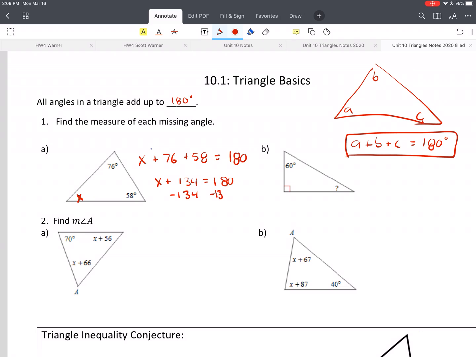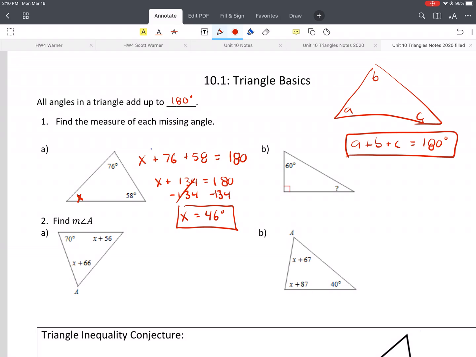The order you move things around is really up to you. That ends up giving us x equals 46 degrees. When you plug stuff into MathSpace for these types of problems, I think you'll need to enter x equals and then your number, just so you know.